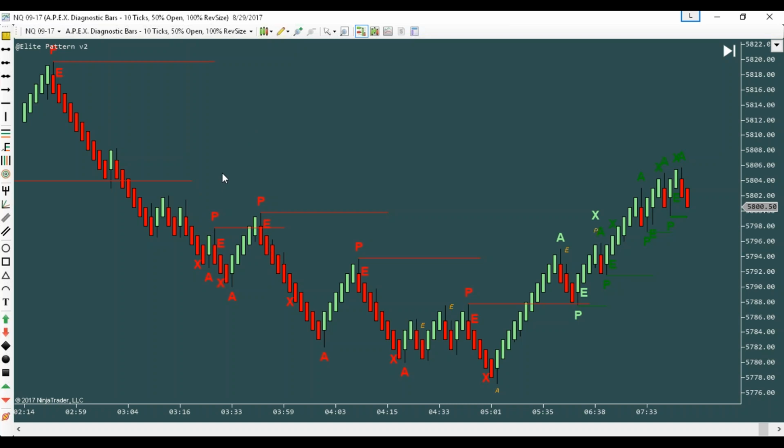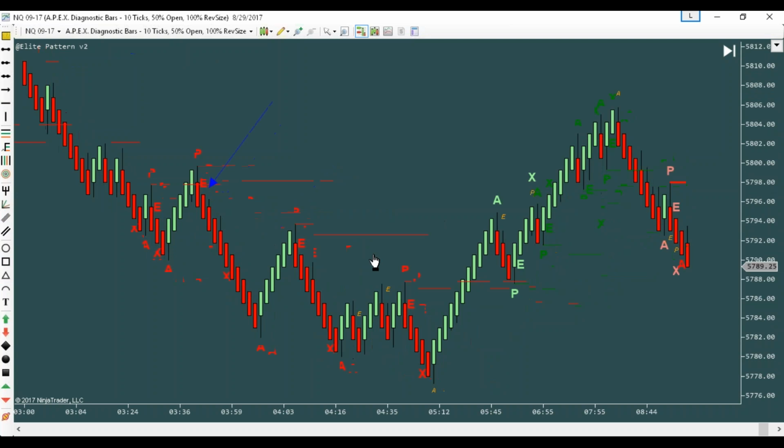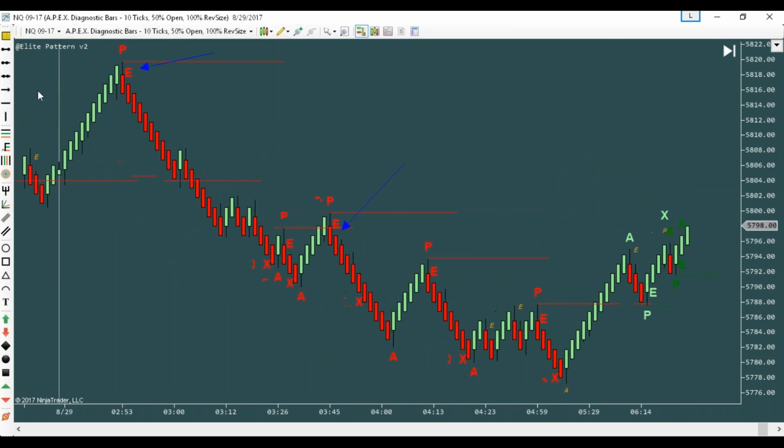So let me ask you a quick question here. Which ones do we like here? We like this one, right? Because we got room from the A. We like this. We don't like this because it's too close, A, P, and E, right? But we like this one, right? We like that one. And we like that. And we like this one.